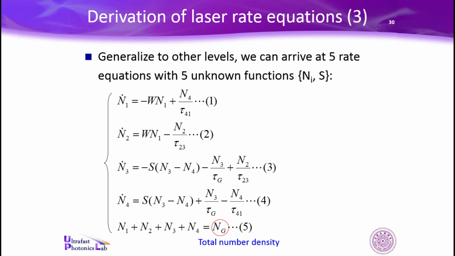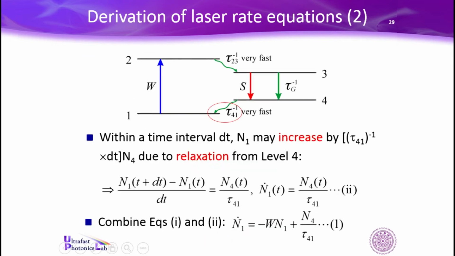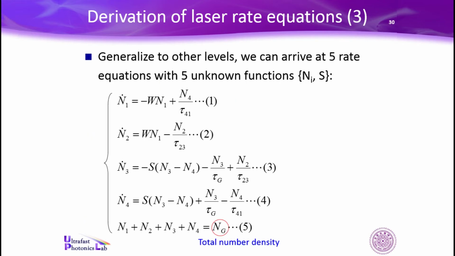S is the stimulated emission rate. Here, we have no idea about S. What is the function of S? We have to solve it. So actually, we have 5 unknown functions. Then we need 5 equations, okay? But the previous idea only gives us 4 equations.